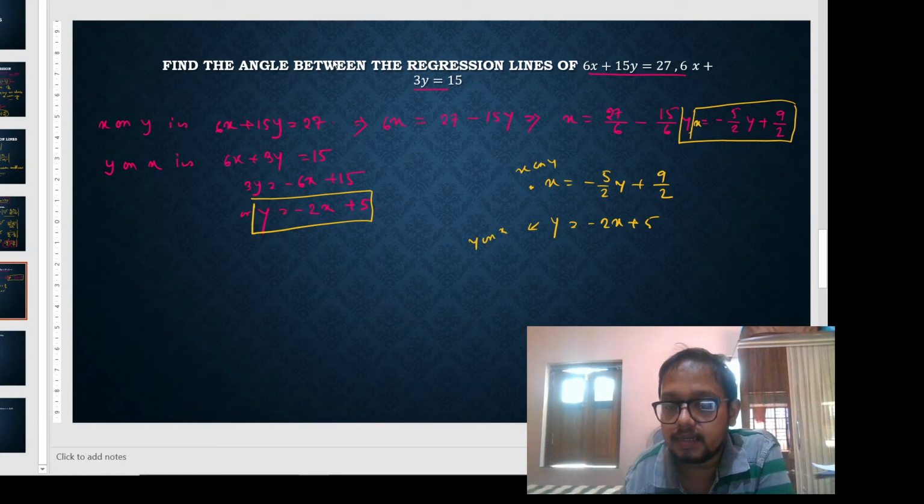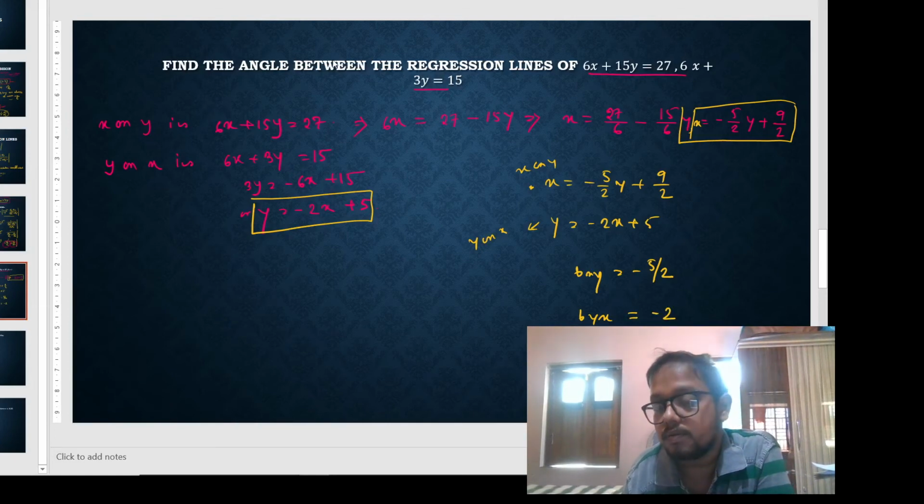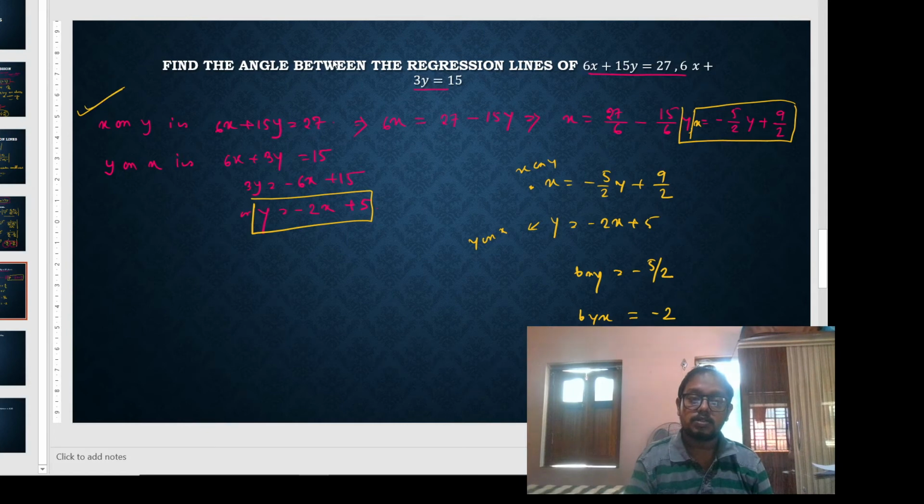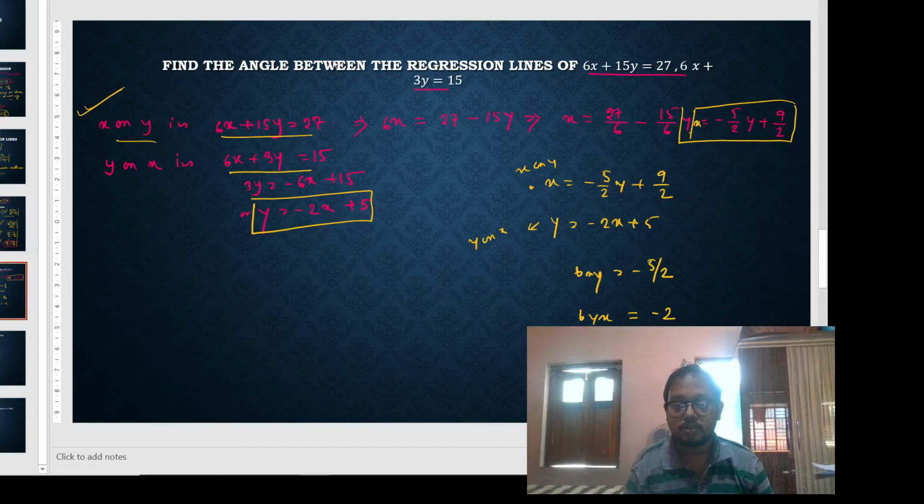The coefficient bxy is minus 5 by 2, and byx is minus 2. Both bxy and byx have the same sign, so our assumption is correct. The x on y line is 6x plus 15y is equal to 27, and y on x is 6x plus 3y is equal to 15.